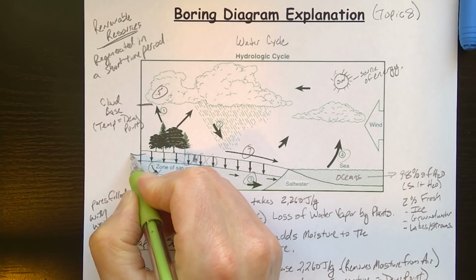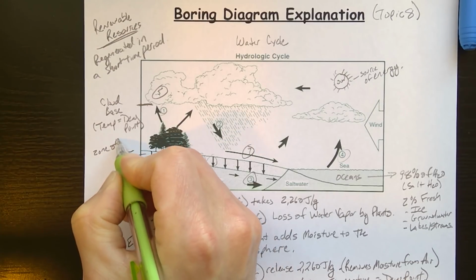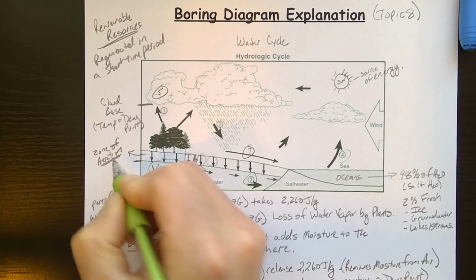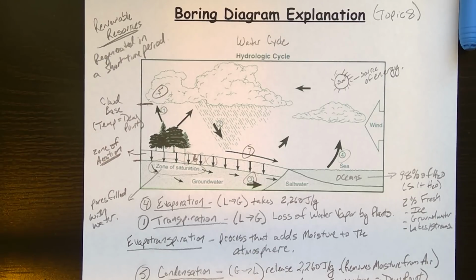The area above it is referred to as the zone of aeration. Within the zone of aeration, there's water clinging to the soil particles, but there's also air inside those particles.